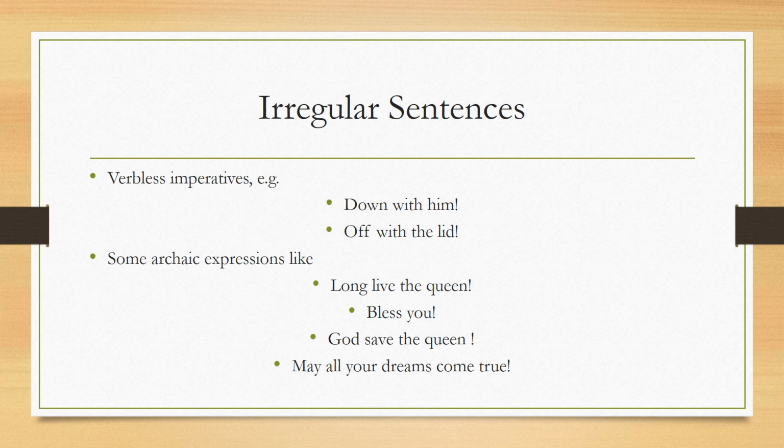May all your dreams come true. This statement starts with the modal auxiliary may, which is different in meaning from the modal auxiliary that we have studied before. Usually, we say that the modal auxiliary may can be used only at the beginning of yes/no questions.